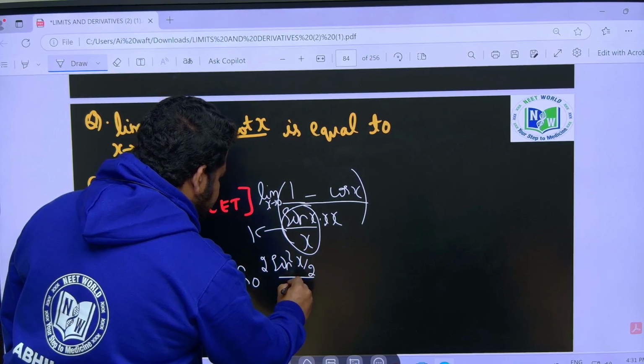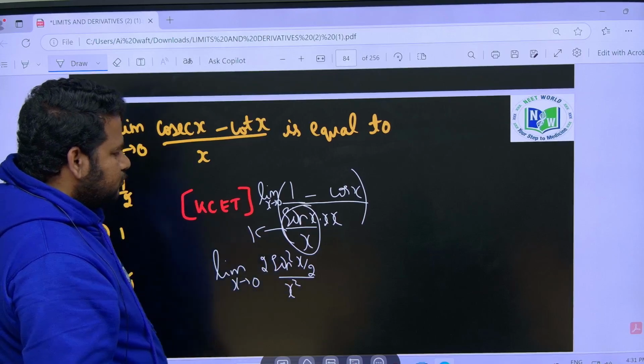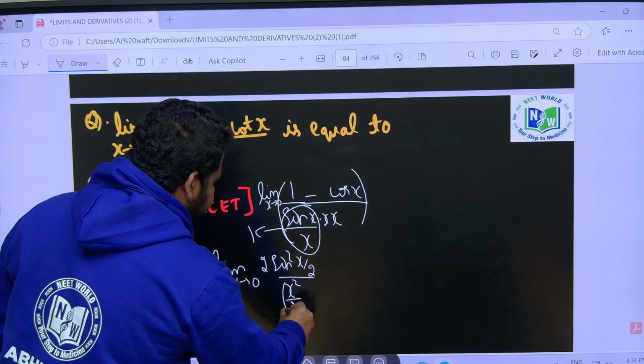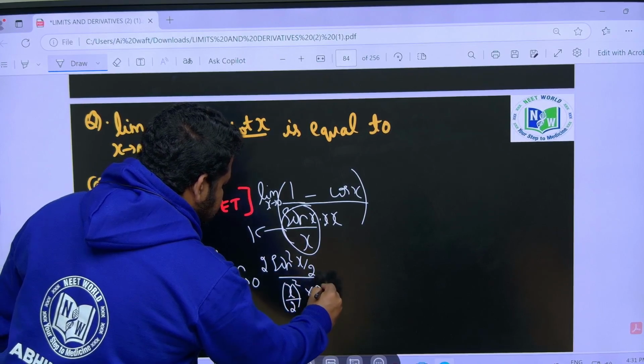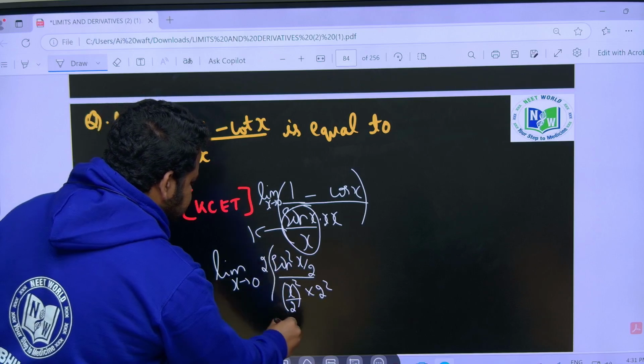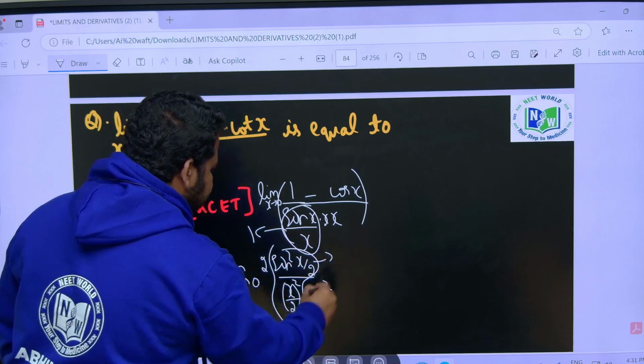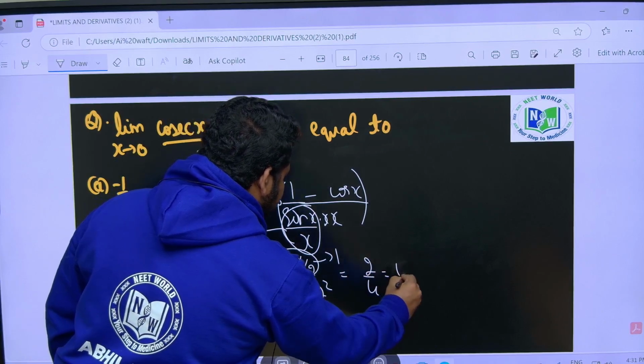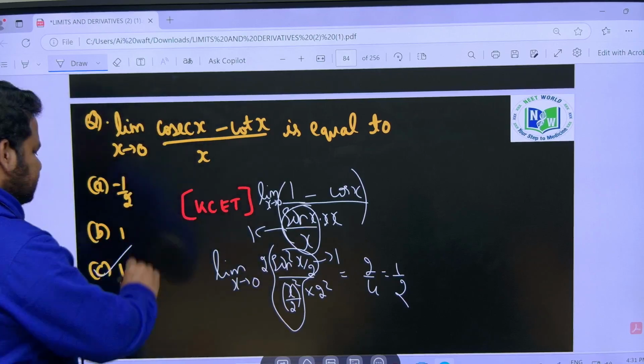Here I have x square, I want x by 2 whole square, so I should multiply by 2 square. This value is equal to 1. So I am left with 2 by 4, that is nothing but 1 by 2. So the correct answer is option C.